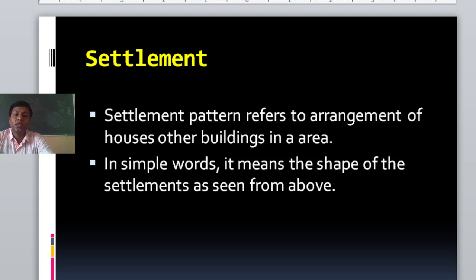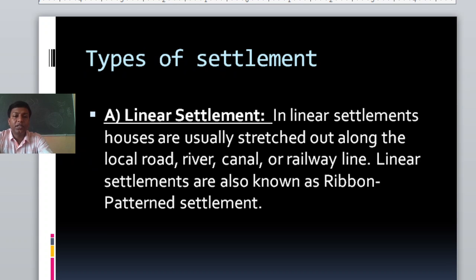In simple words, settlement pattern means the shape of the settlements as seen from above in a picture. There are many patterns of settlement: linear pattern, dispersed pattern, radial pattern, and nucleated pattern.